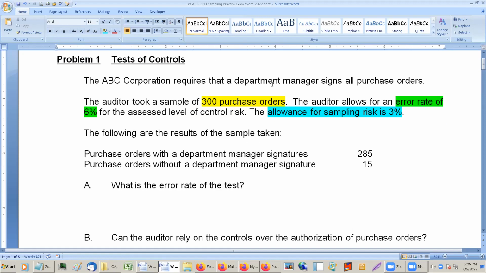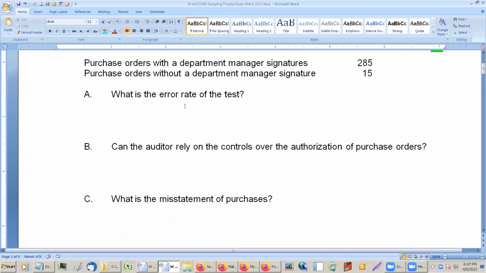So we're looking at the manager signs all of the purchase orders. Now notice there is no dollars involved on this. There's no dollars because these are tests of control. So do they sign on the purchase order or not? What amounts on the purchase order isn't part of this control. It's the control that the manager signed the purchase order.